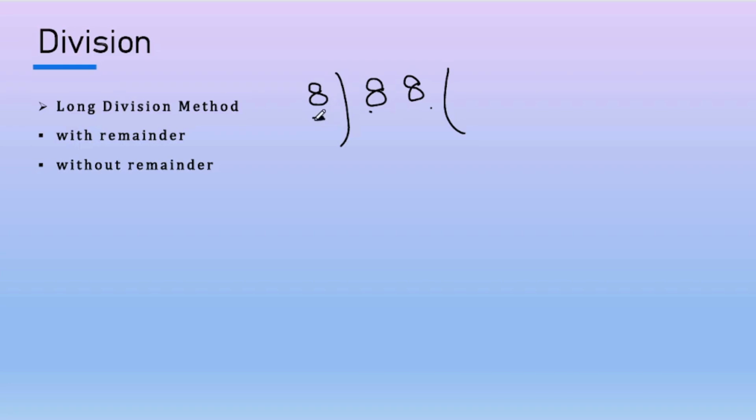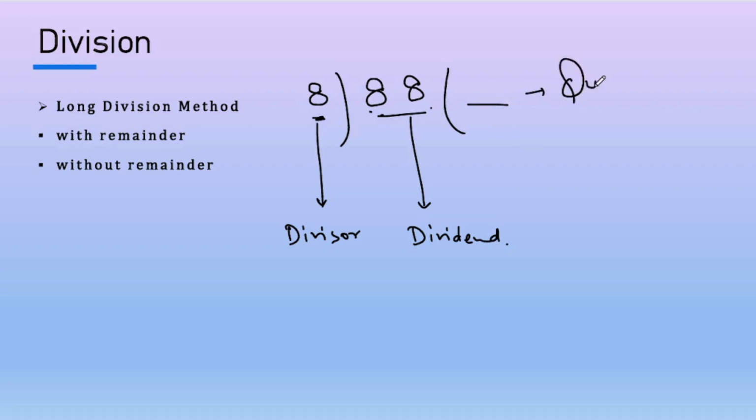So this 8 is your divisor, 88 is the dividend, whatever number comes here is the quotient, and if there is anything remaining here, which we will see very quickly, that will be called the remainder. All right. Okay. So let's quickly divide this.